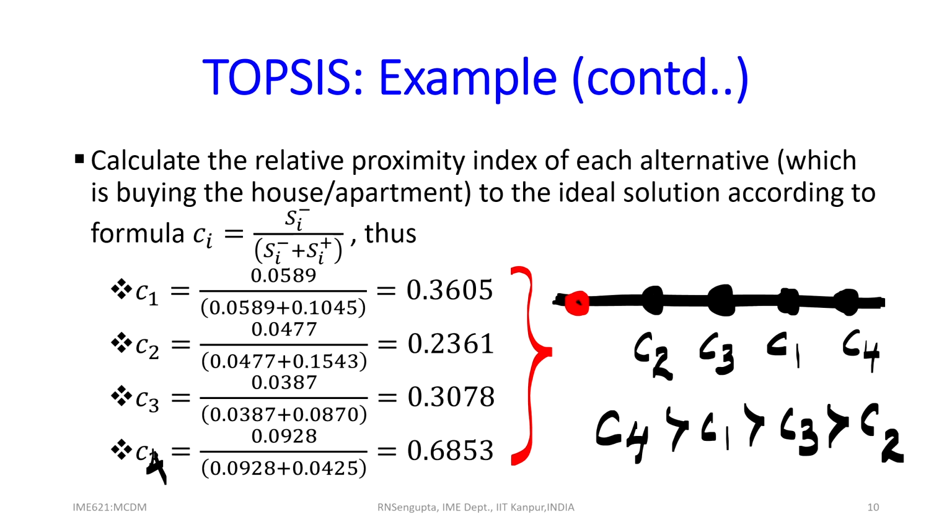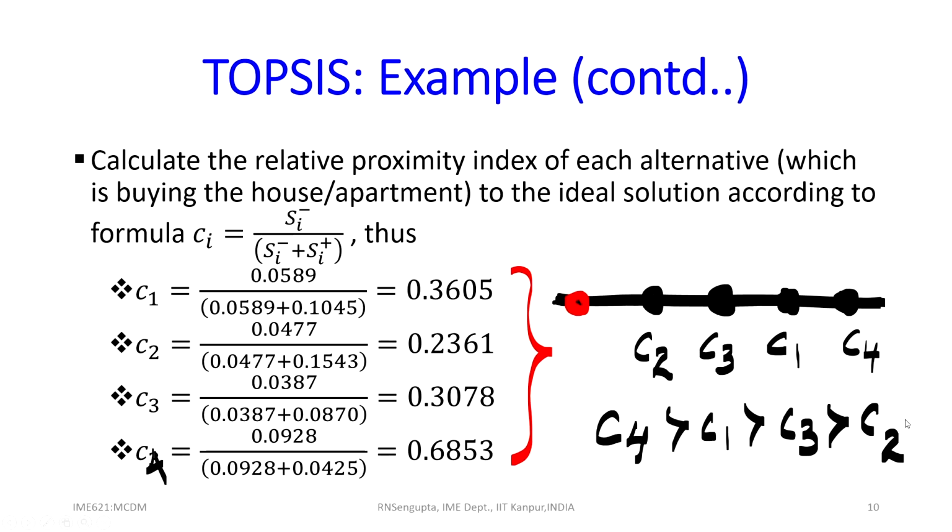Now, the question can immediately come up: fine, we have done it based on the negative part, what about the positive part, can we do that? So, let us do that in the Excel sheet and then rank them. I will take these values of Si plus and Si minus.